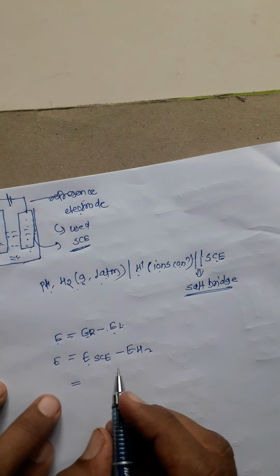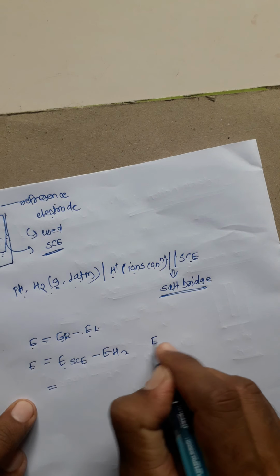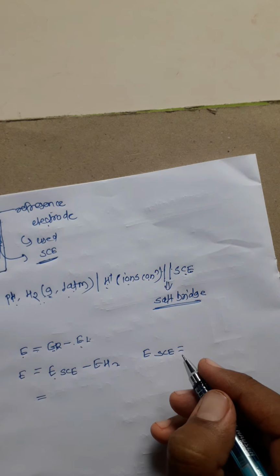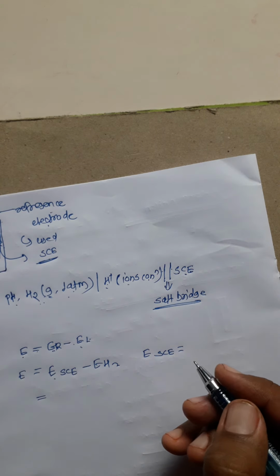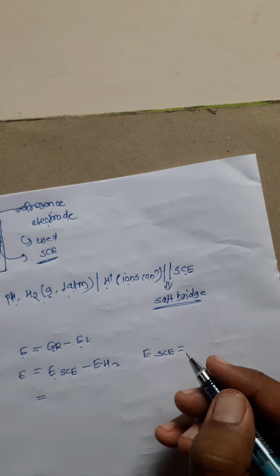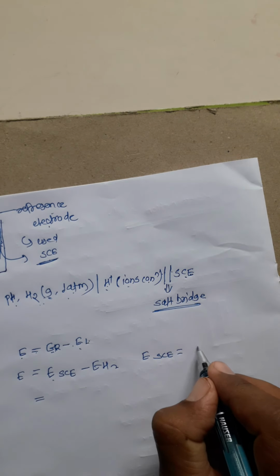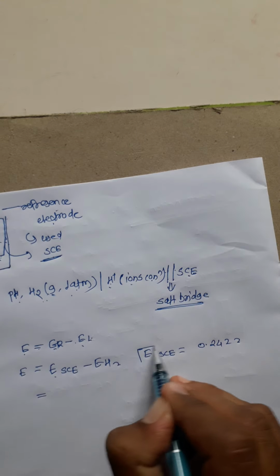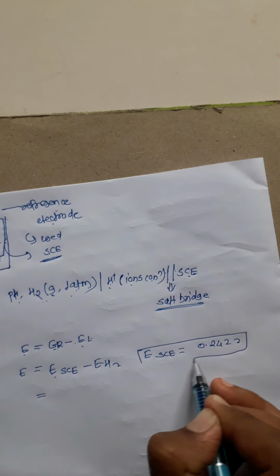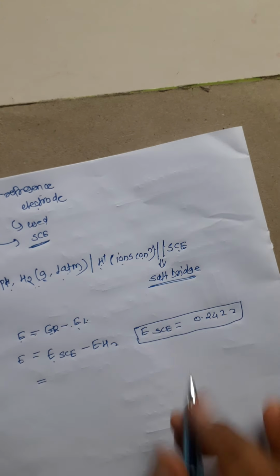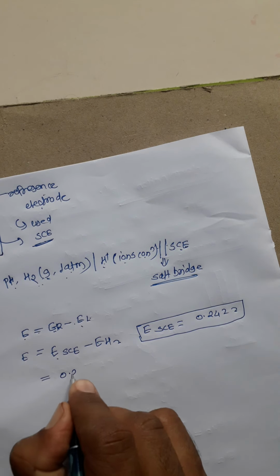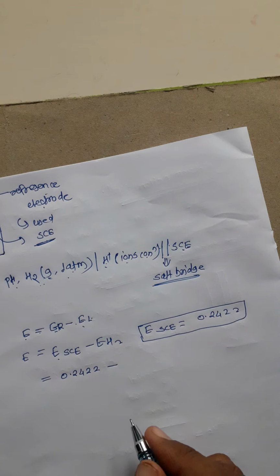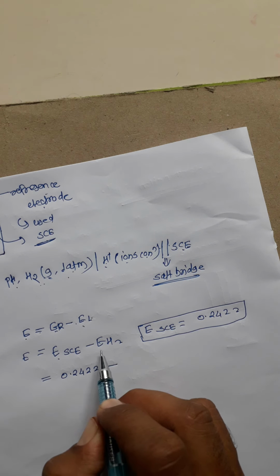The EMF of the saturated calomel electrode is always constant. Its value is 0.2422. Put this value in the equation: 0.2422 minus the EMF of H2 gas.